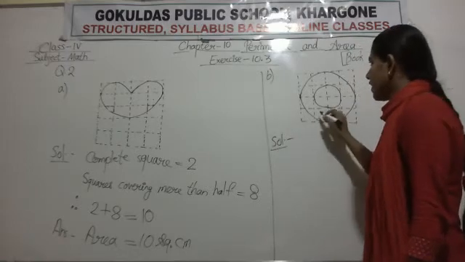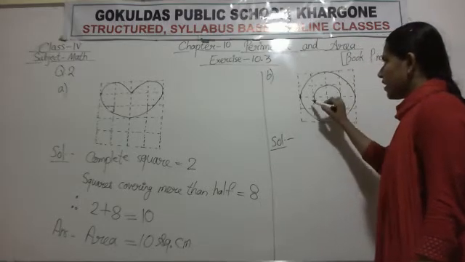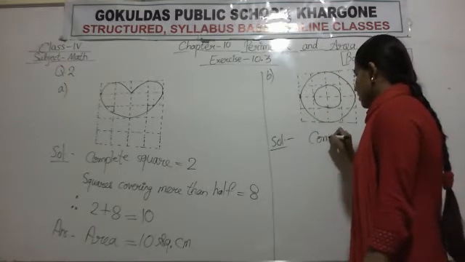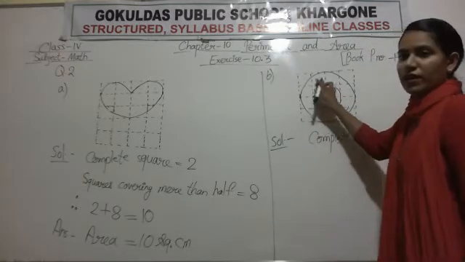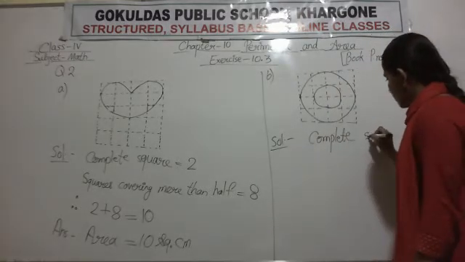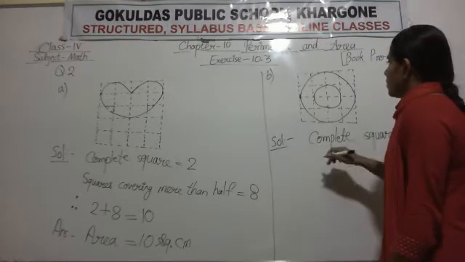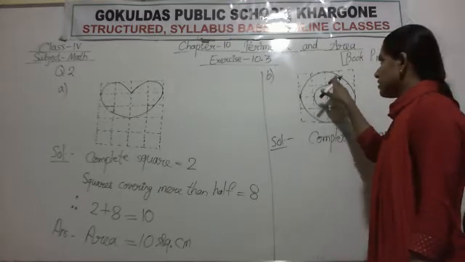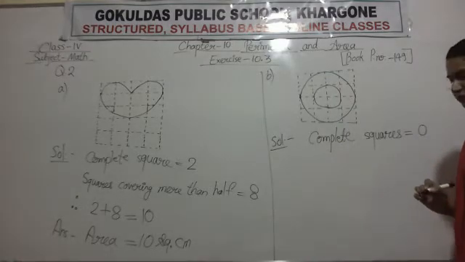We want to find the area of this part. First of all we will count the complete squares covered inside the figure. As I can see, there is no complete square present inside the area, so complete squares are 0.